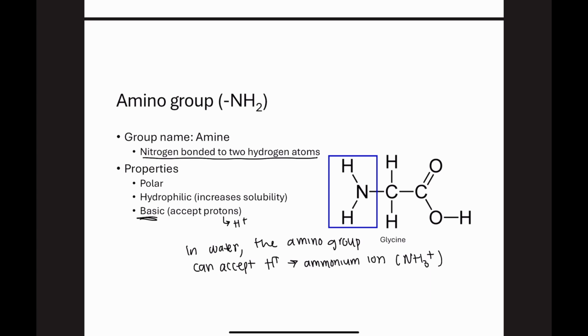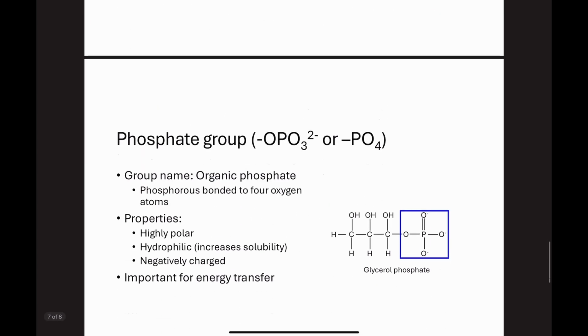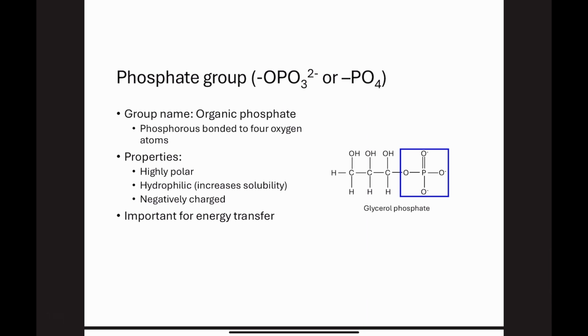And because our amino groups have an electronegativity difference between our nitrogen and hydrogen, that amino group is also polar, and then it's also going to be hydrophilic, which is going to increase the solubility of this group in water. So another group that we're going to talk about is our phosphate group.